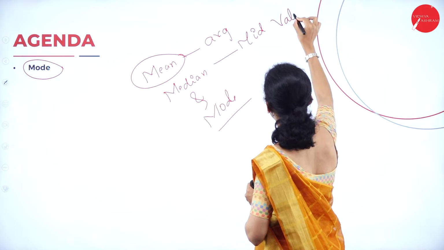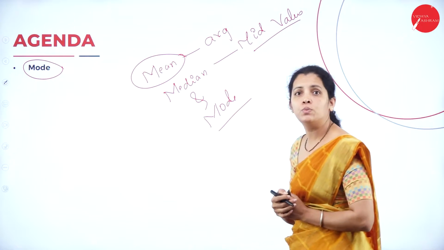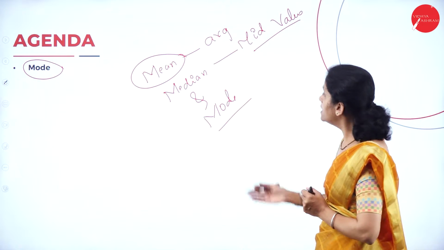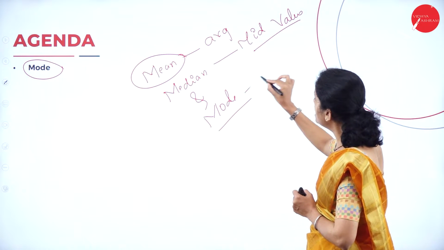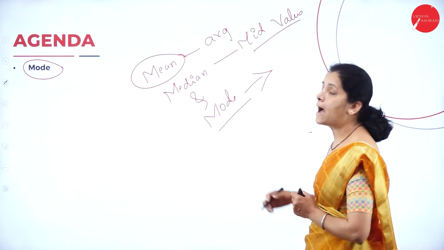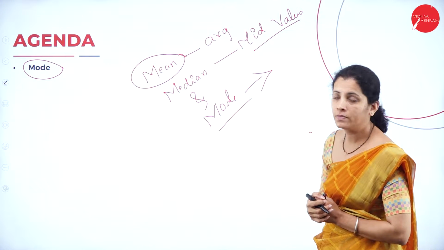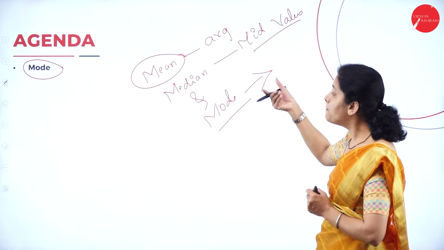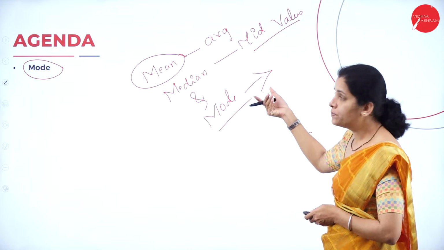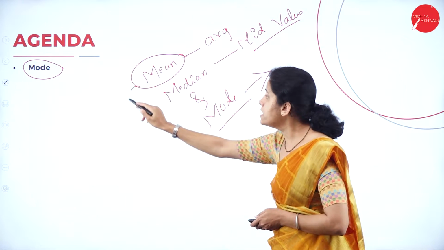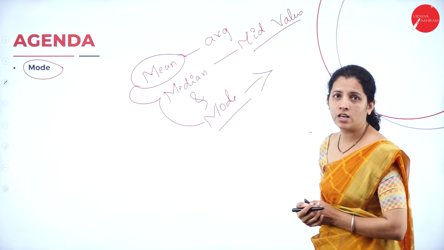So average and mid value are both different. Then what is the need of having mode? It is mainly used to find the maximum occurrence of the value. These are the three terms related to each other.